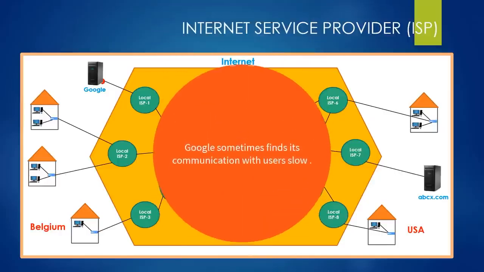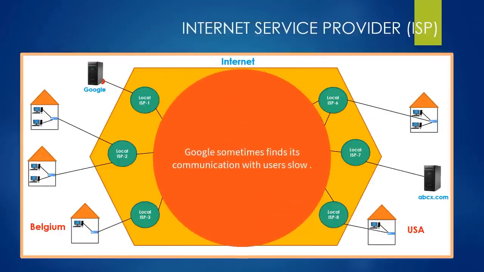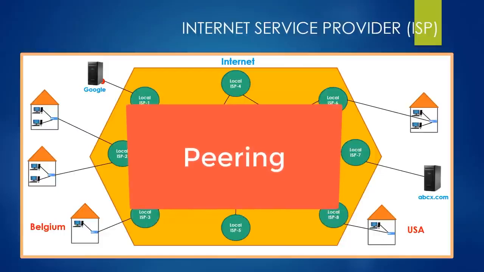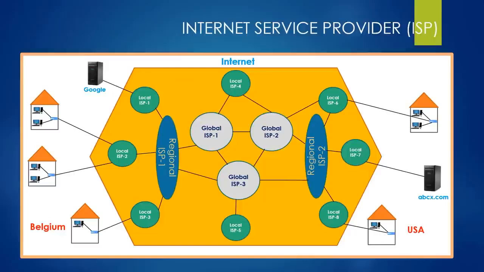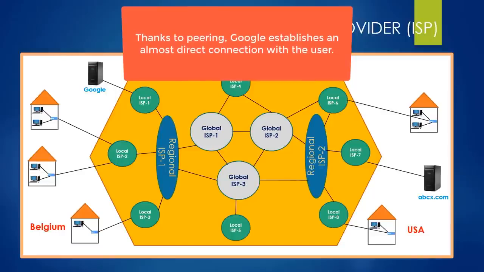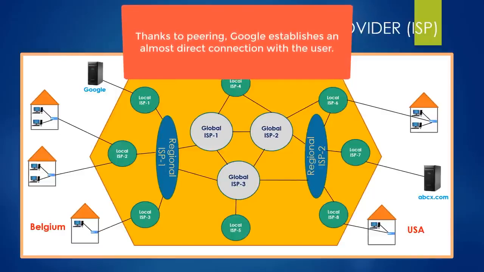However, the time for Google to communicate with the customers is sometimes not satisfactory for Google, and Google wants to increase this speed in general. Fortunately, Google has a very good solution for this kind of issue called peering. But what exactly is peering? Let's see. Peering is the technique in which Google establishes a direct connection with an ISP to provide faster access to its servers.